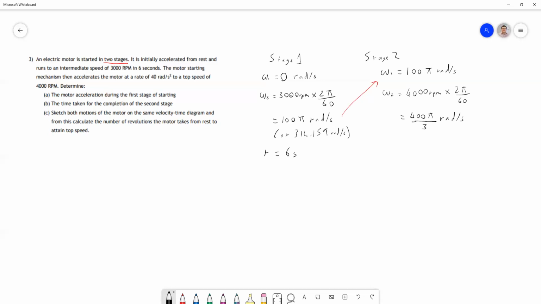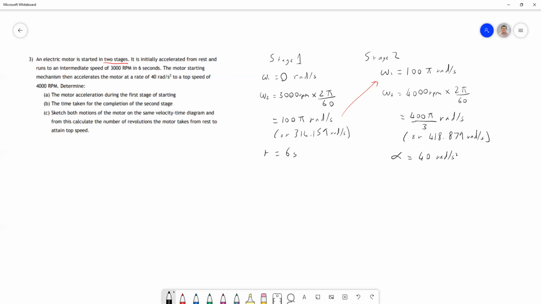But we can also say this is the same as 418.879 radians per second, if that makes more sense to you. And we're also told the value of alpha, the angular acceleration in stage 2. Alpha is equal to 40 radians per second squared, and those are the units we need to use for angular acceleration.